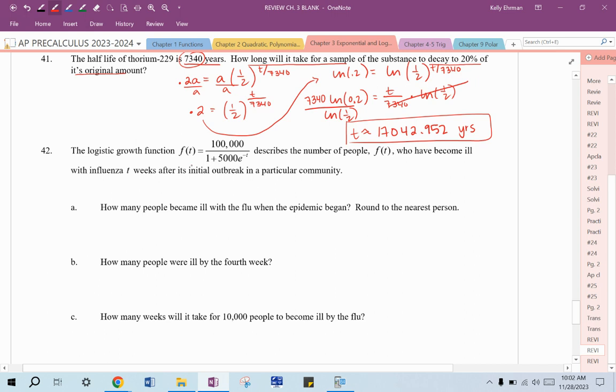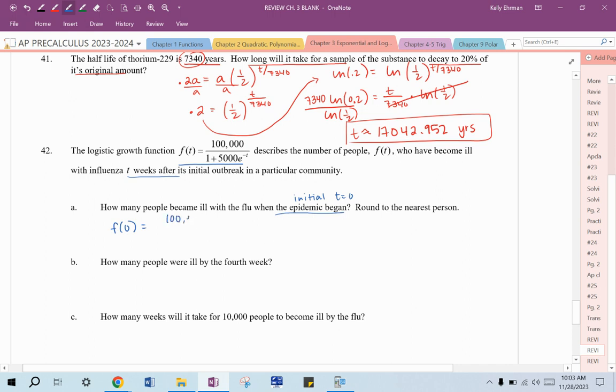The logistic growth function, f of t, describes the number of people who become ill with influenza t weeks after the initial outbreak. How many people became ill with the flu when the epidemic began? So this is the same as the initial amount. Initial means t equals 0. So evaluate f of 0.